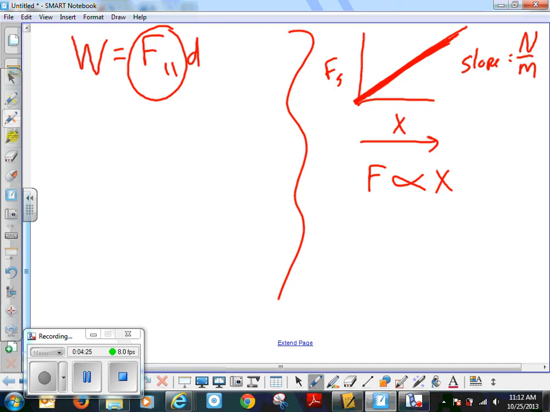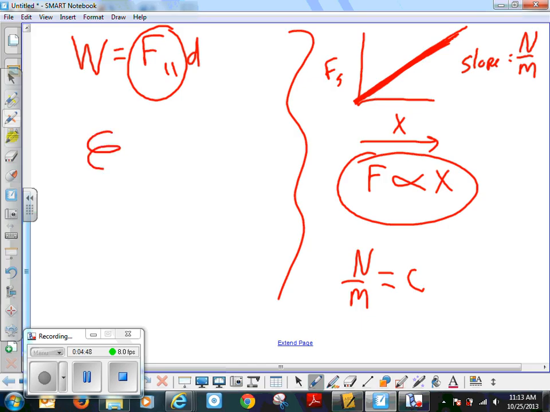So if we have a constant slope, we have a constant change in this relationship here. Okay? Do you agree with that? So, in other words, my newtons per meter for that spring is constant.